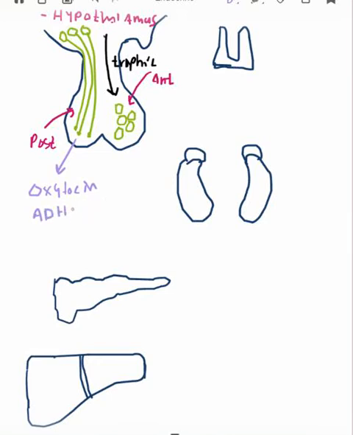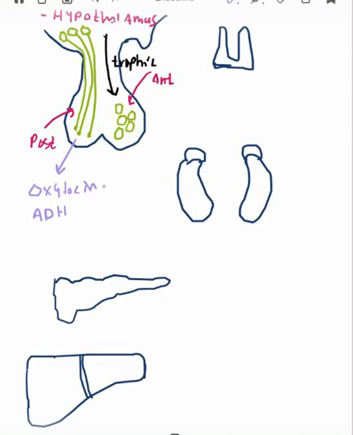This is sometimes called vasopressin as well. Vasopressin is synonymous with anti-diuretic hormone. So oxytocin and ADH are some of the major posterior pituitary hormones that we've talked about.